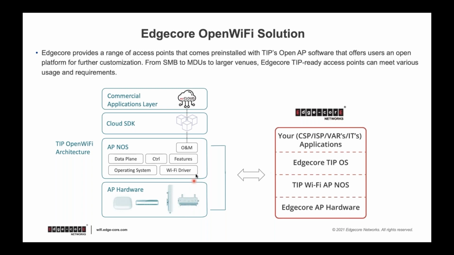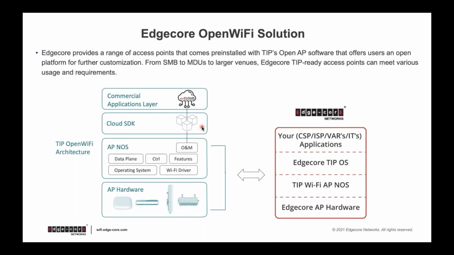And in its upper layer, it is the NOS layer, which is also the software layer. It includes the operating system, the device driver, the data plane, the control plane, and the many features. And the OpenWiFi software should be able to run on all hardware, no matter what the hardware vendor is.